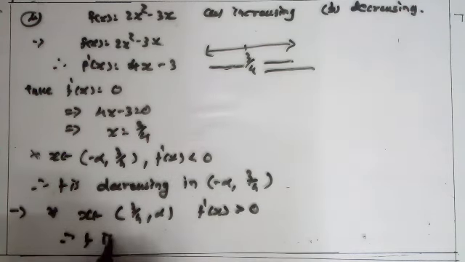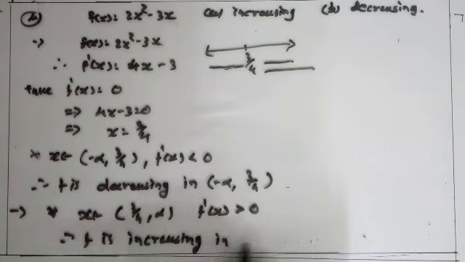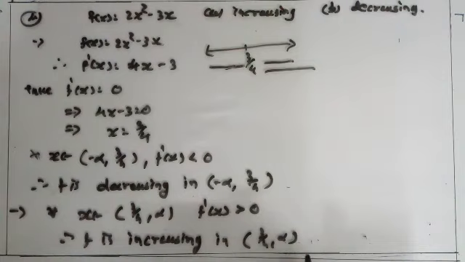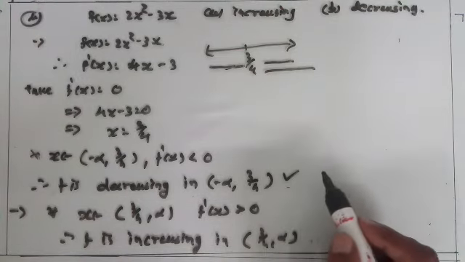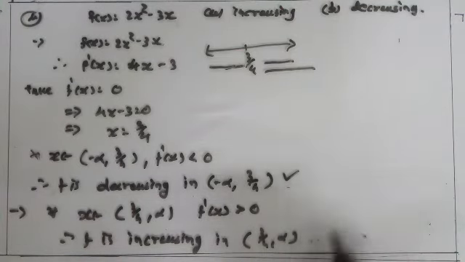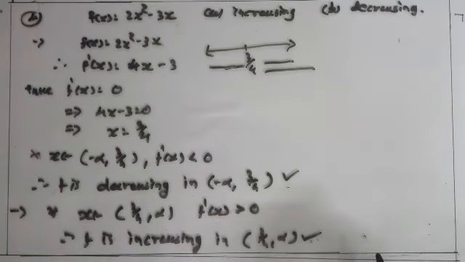Therefore, f is increasing. Okay? Increasing in 3/4 to infinity. So in this interval, the given function is decreasing, and in this interval the function is an increasing function. Okay.